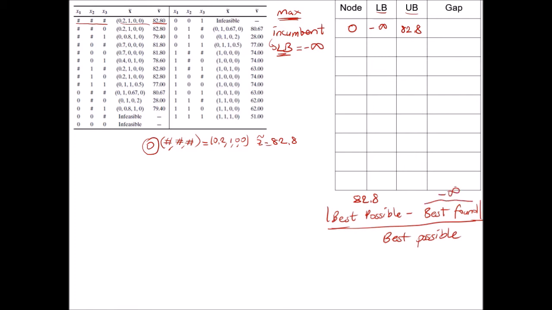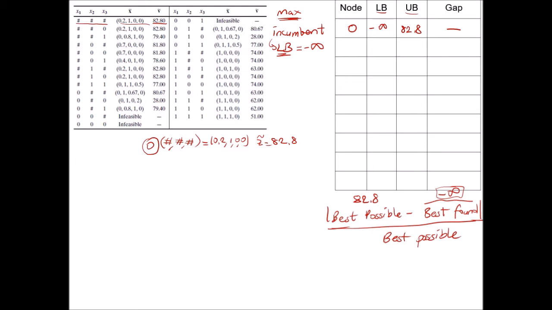Okay, during the algorithm, if we haven't found an integer solution yet, we don't calculate the gap. We just put a dash here. It means that there is still no integer solution. And in Cplex OPL, when you run an integer programming formulation, you will see exactly this one.